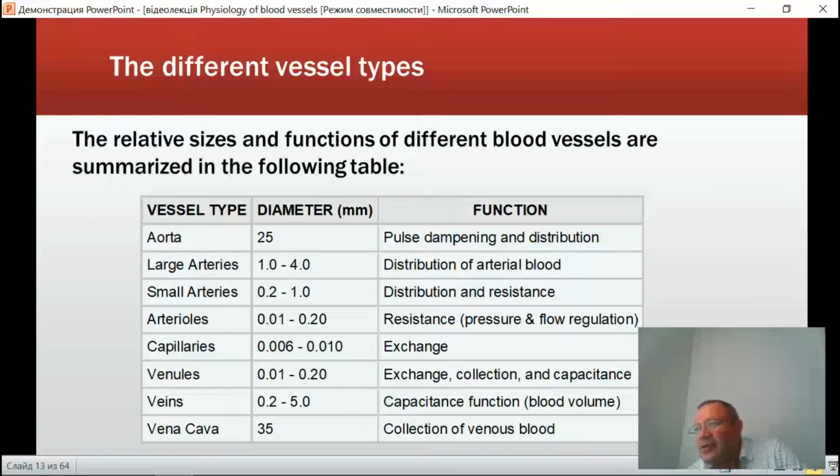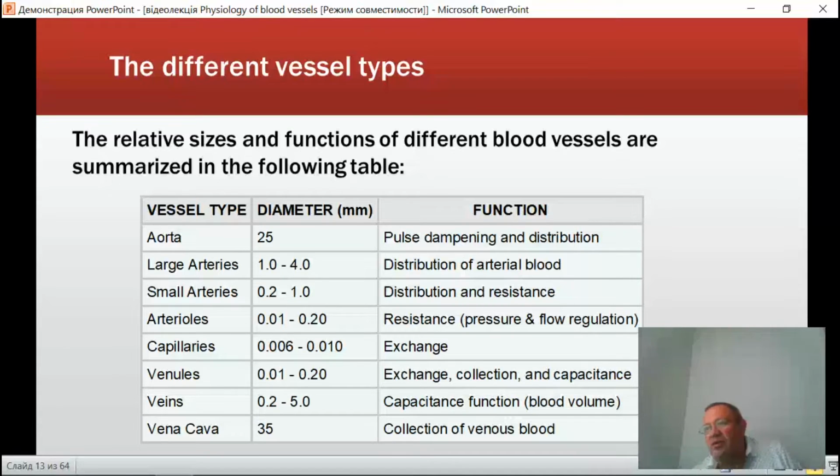The relative size and function of different blood vessels are summarized in the following table. Look at the first line: here you can see the names of different vessels. The second line shows diameter in millimeters and the last line shows function.